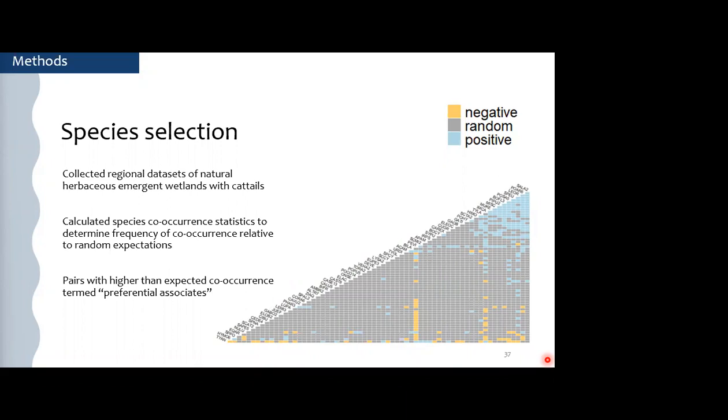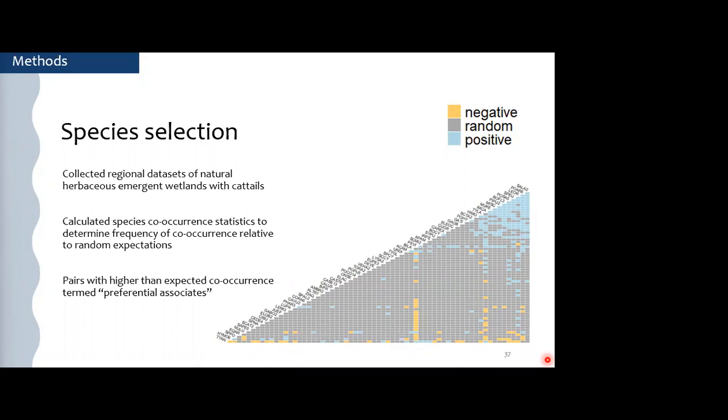So I was able to get a fine scale of co-occurrence data. And from that data set, I calculated co-occurrence statistics to determine the frequency of co-occurrence for these pairs of species. And then the pairs with the higher than expected co-occurrence were termed preferential associates.